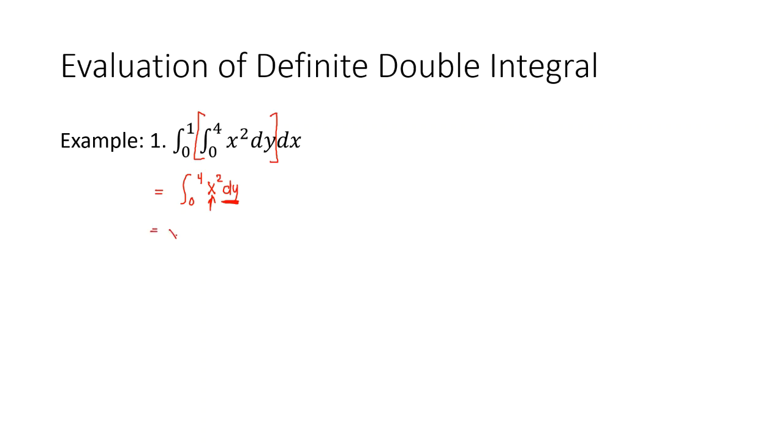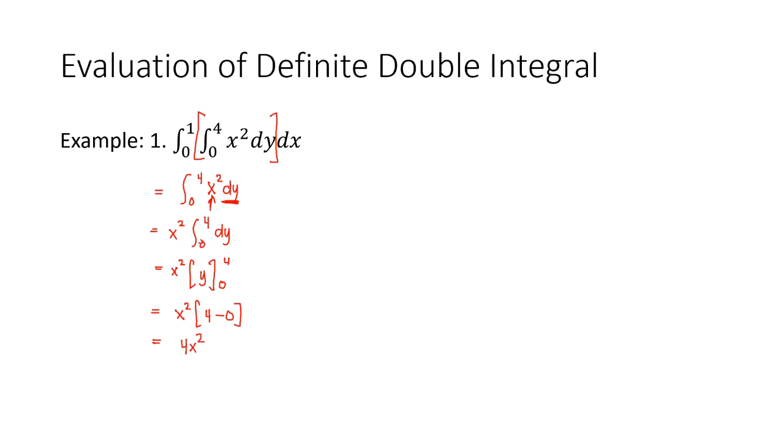You can write that as x squared, integral from 0 to 4 of dy. Then you can already integrate dy, in which the integral of dy is just equivalent to y, with the limits from 0 to 4. Then you evaluate the limits by substituting the upper limit subtracted by the lower limit. So we have x squared times 4 minus 0, and as we know, 4 minus 0 is 4, multiplied by x squared. We have 4x squared.